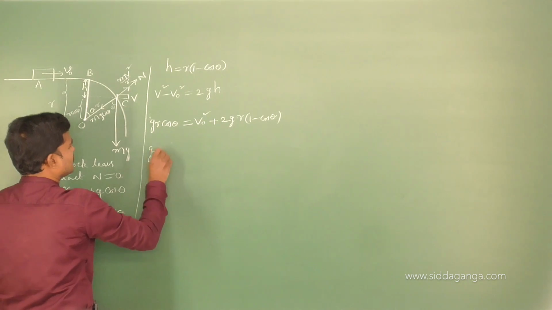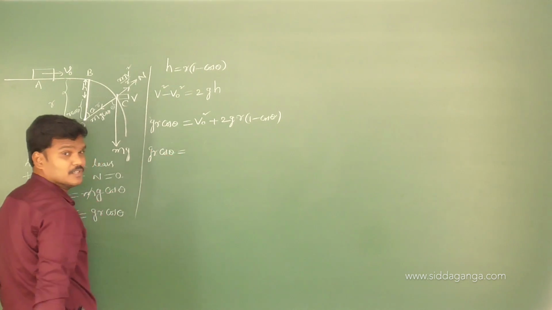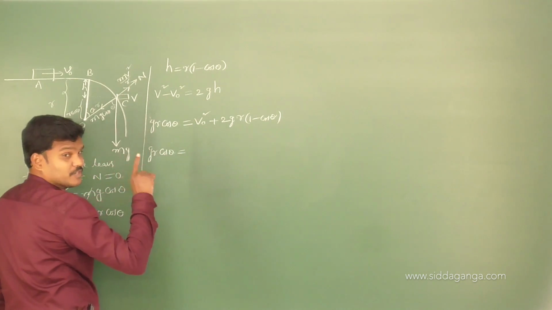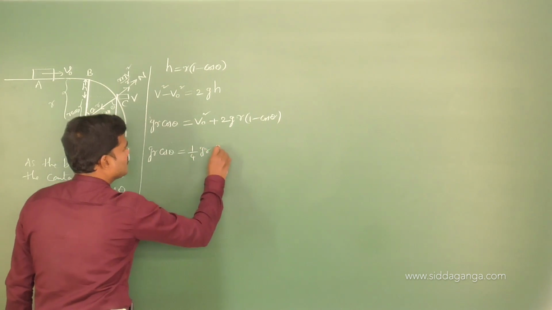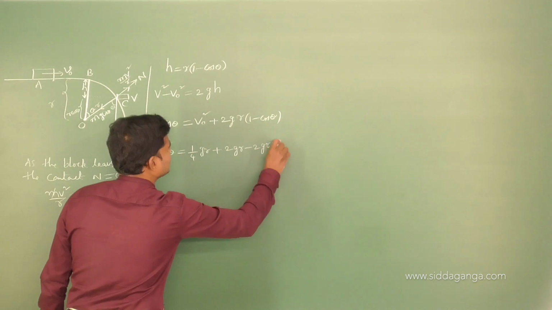So gr cos theta equals v0 square, which is given as 0.5 root gr, so 0.5 is 1 by 2, squared is 1 by 4 gr, plus 2gr minus 2gr cos theta.